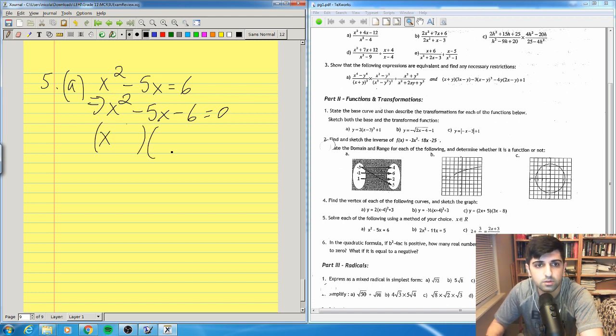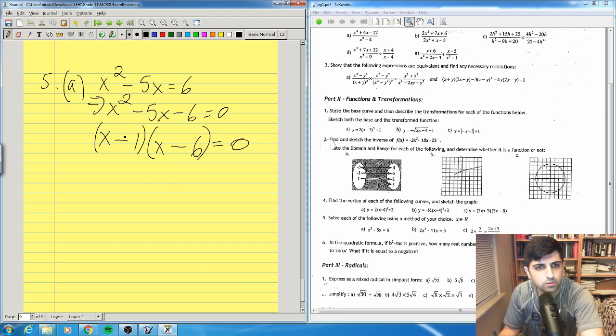So two numbers that multiply to 6, let's see, 6 and 1 should work. But I need a negative there, so the bigger value gets the minus, as I alluded to in a previous video. Check it out. It's actually the video before this on grade 11 math review.